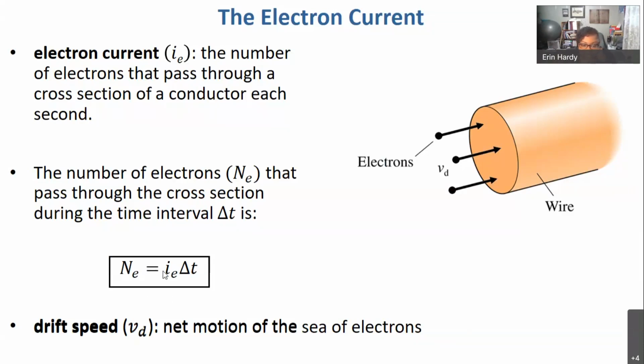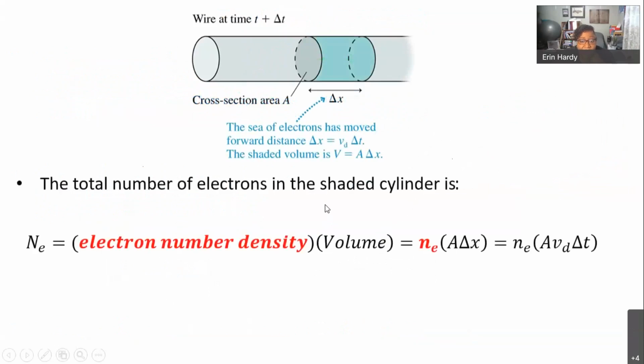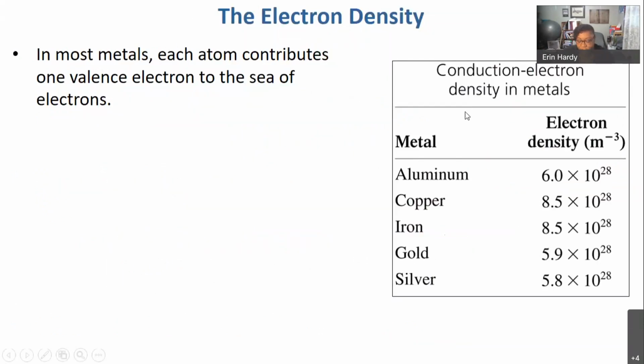So if we are looking at just the concept of electron current, we just care about the number of particles that pass through a certain section of a circuit per unit time. And as we saw, you can maximize the number of available electrons by selecting a material that's got a large electron density.